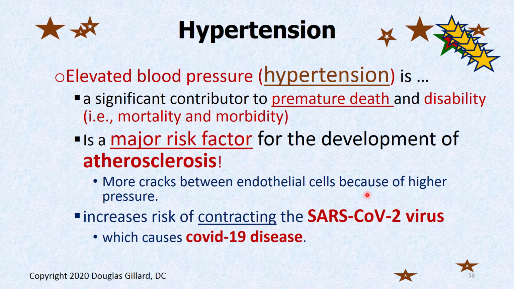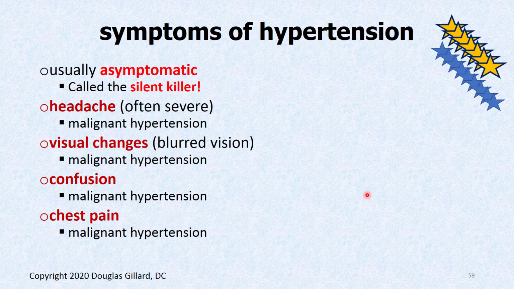It's also a major risk factor for the development of atherosclerosis. Right? If the pressure is high in your arteries, it's going to beat up more endothelial cells, so it's easier for LDLs to sneak between them. It also increases the risk of getting SARS-CoV-2 infection, which of course causes COVID-19 disease.